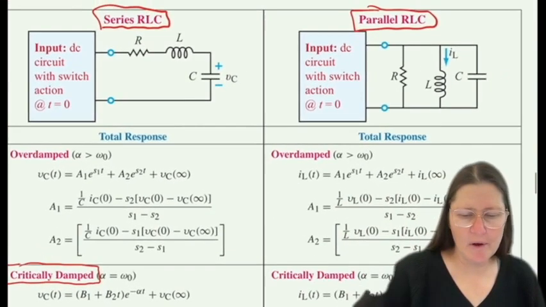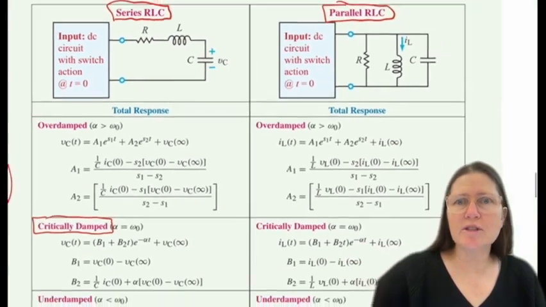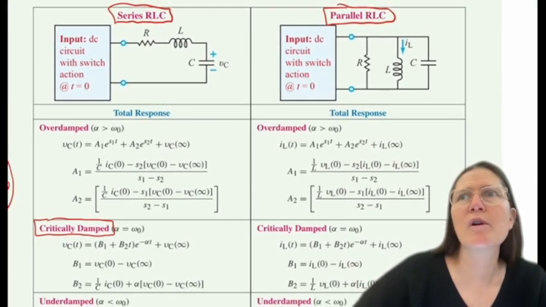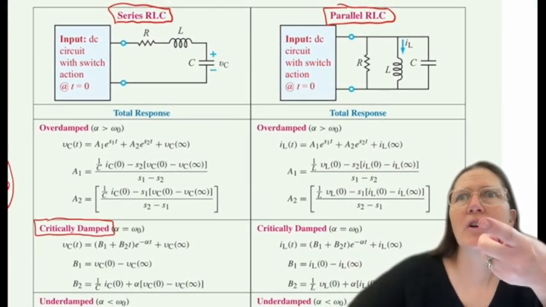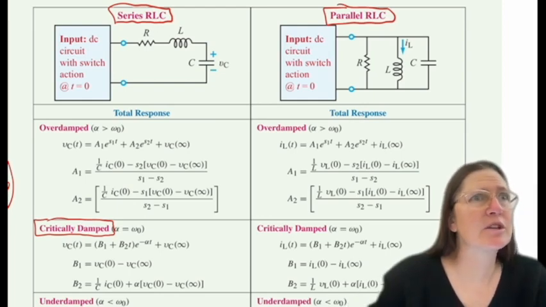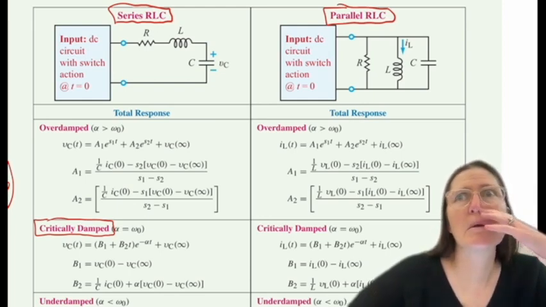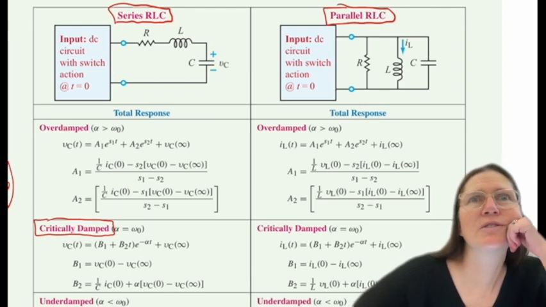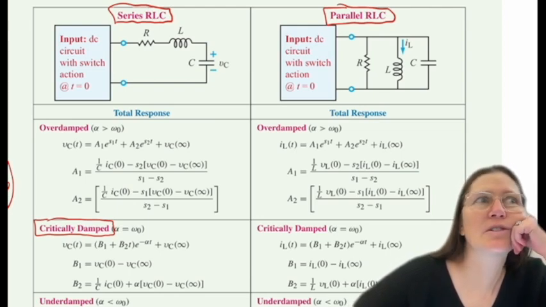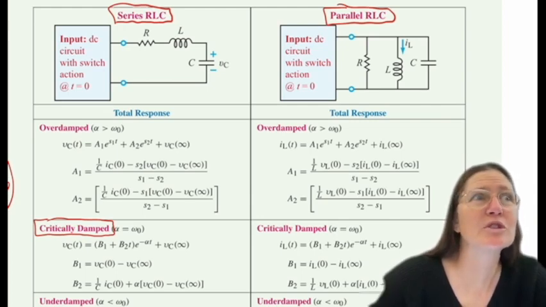Okay, so in order to determine which set of equations, you need to know what? Series and parallel is one thing you need to know. What else? The level of damping: is it overdamped, critically damped, underdamped? Correct. And what determines those?